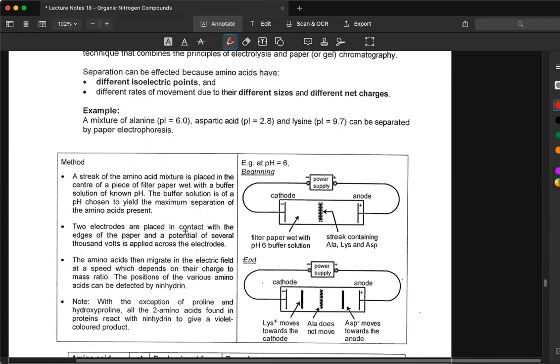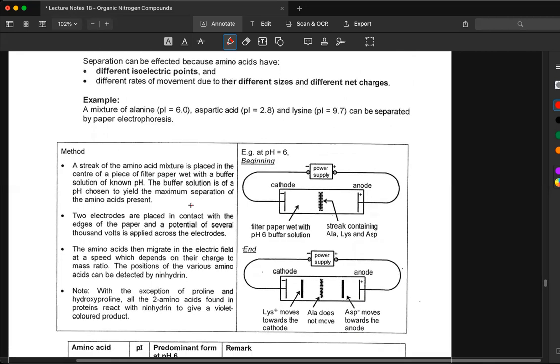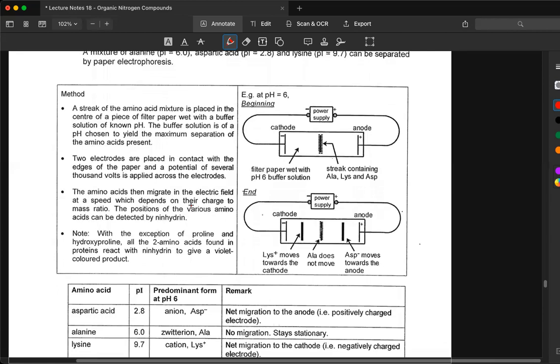Separation can be effected because amino acids have different isoelectric points and different rates of movement due to different sizes and different net charges. So a mixture of alanine, aspartic acid and lysine can be separated by paper electrophoresis. A streak of the amino acid mixture is placed at the center of a piece of filter paper wet with a buffer solution of known pH.